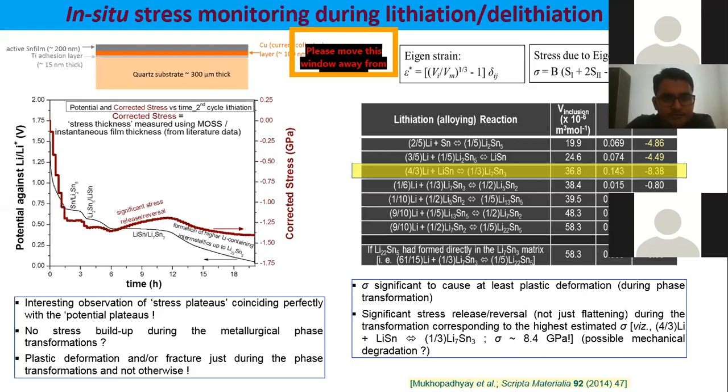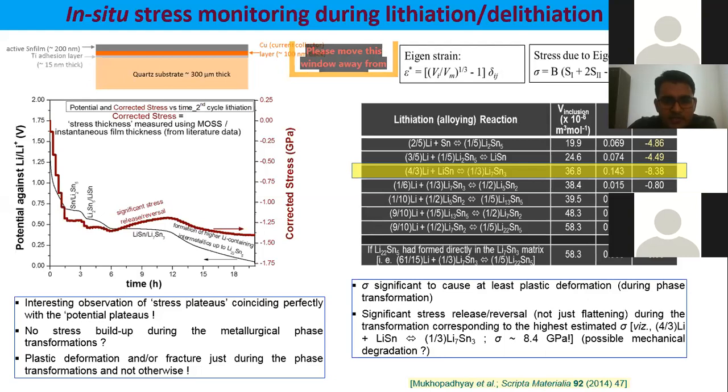So the strain caused by the formation of these new species is called eigenstrain. In the example of a tin-based alloy electrode, in the tin bulk, these lithium tin intermetallics are formed. So these species create a strain in the bulk of tin. So this is the meaning of eigenstrain.